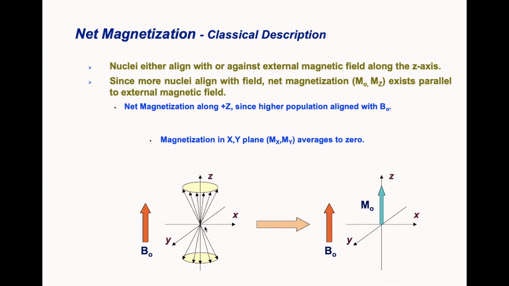The magnetization vectors along the x-axis and y-axis will be 0 because we have not applied the magnetic field in that particular direction. However, if we apply the magnetic field in that direction, we can also see the x component and y component. The takeaway message here is that there is a net magnetization vector because of the applied magnetic field, and this net magnetization vector M0 is precessing with a certain frequency, and this precession frequency is nothing but the Larmor frequency.